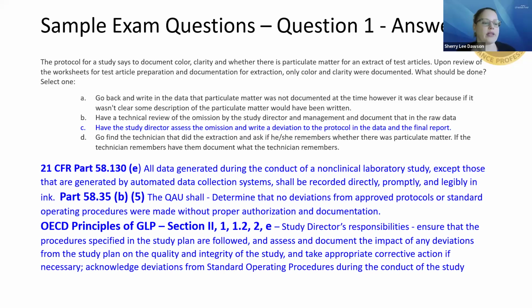Now, all regulations ultimately have the core similarities. There is a document that is posted in one of the documents that you are encouraged to use as your practice and study material. It is the document that correlates FDA GLPs to EPA to OECD.